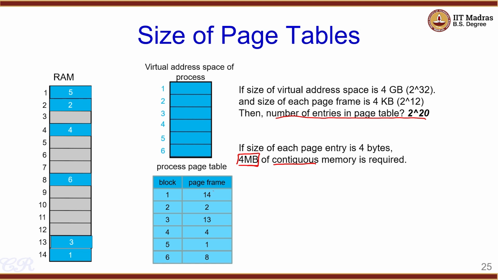And this can be an issue. If we have multiple processes executing in a multitask system, it may be difficult to find 4 megabytes of memory which are contiguous and also free, in order to store the entire page table.